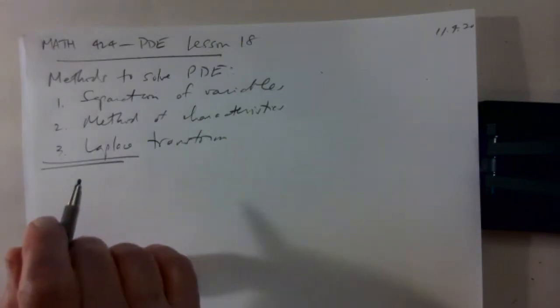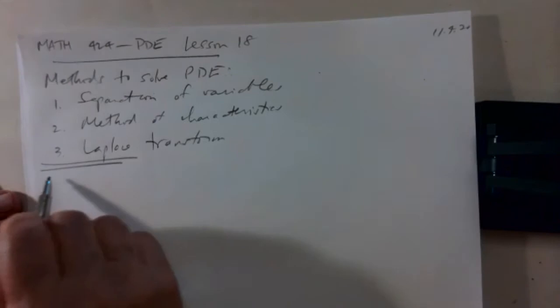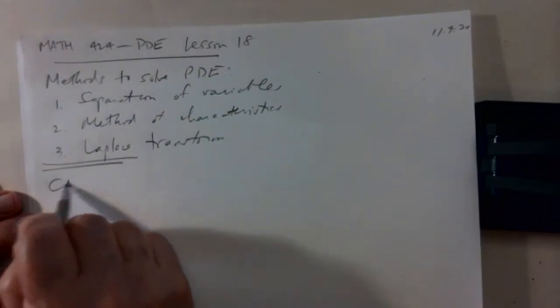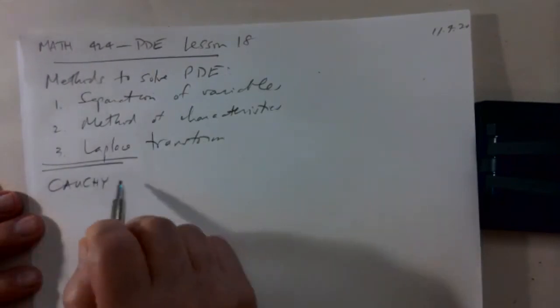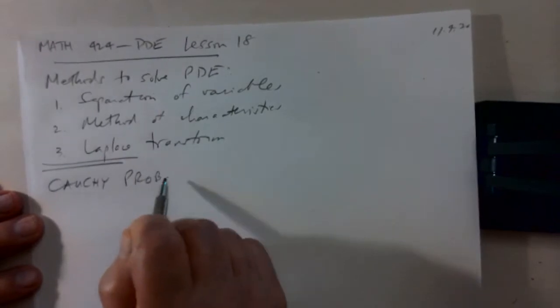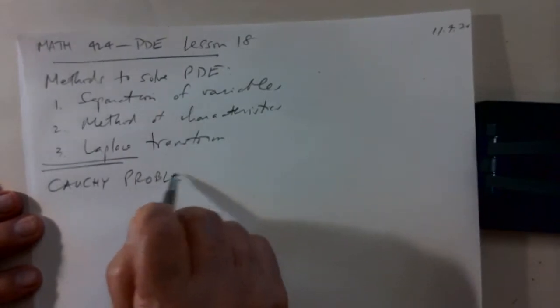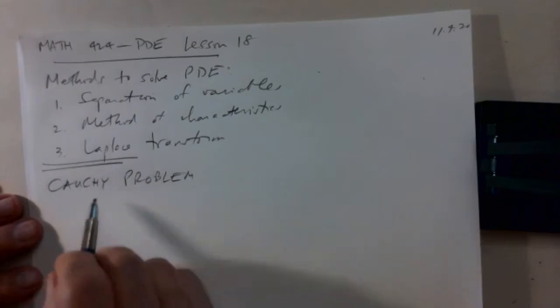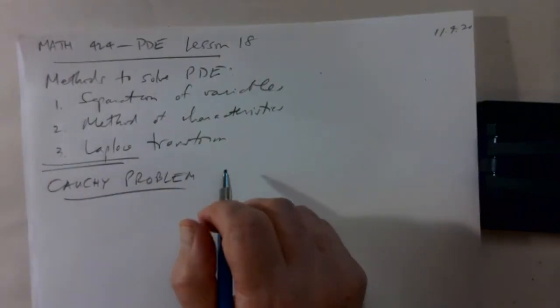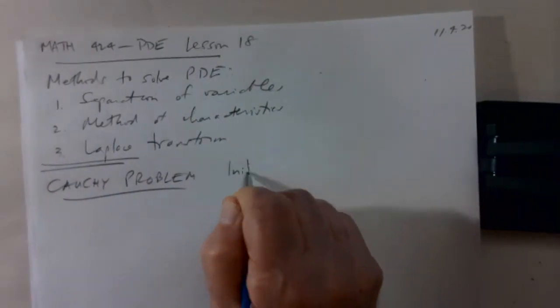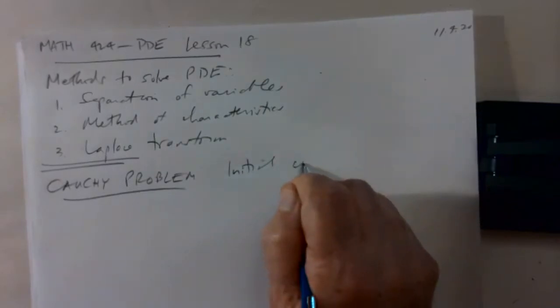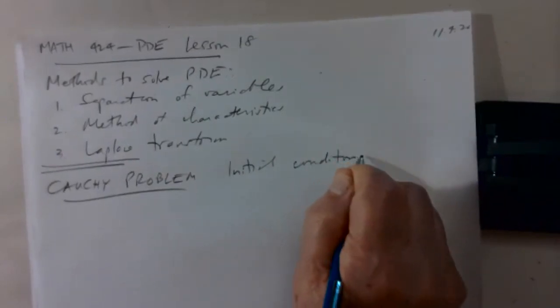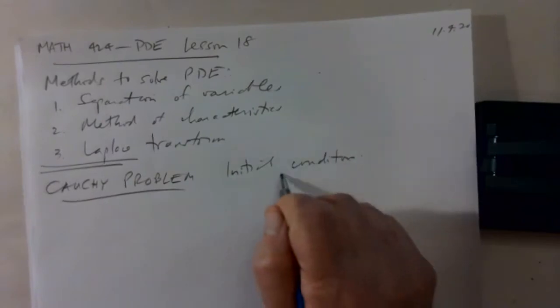So we're looking at what is called a Cauchy problem, after the French mathematician Cauchy, who lived in the 18th century. This is basically a problem where you have some initial condition with no boundary condition.